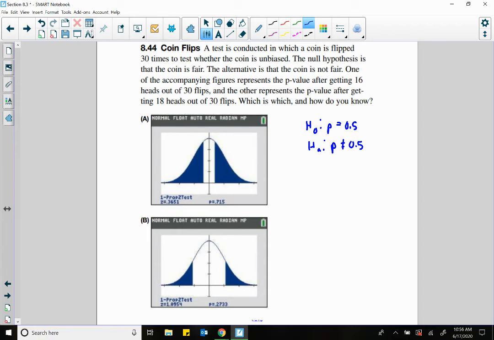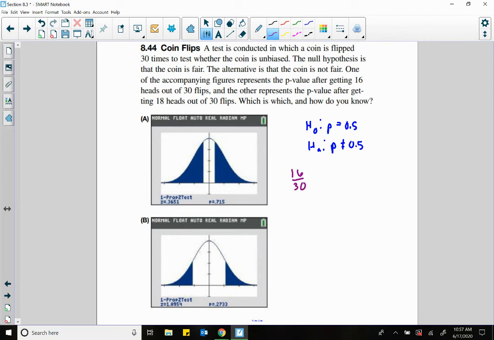One of the accompanying figures represents the p-value after getting 16 heads out of 30 flips. The other represents getting 18 heads out of 30 flips. Which is which, and how do you know? All right, so pause the video and figure it out. Go. All right. So when you're looking at this, the 16 divided by 30.